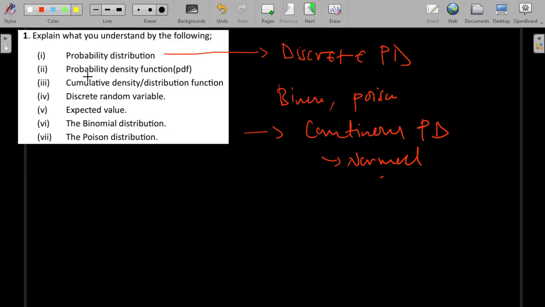And then 2, they're saying define probability density function. Okay, so a probability density function is simply a function that describes the likelihood of a continuous random variable taking on a particular value.